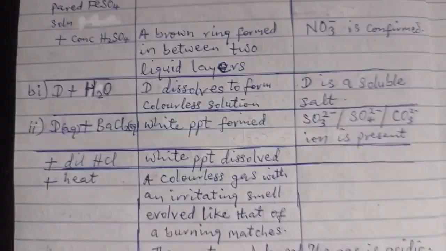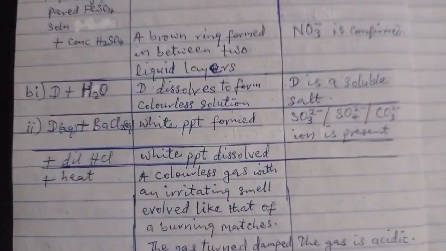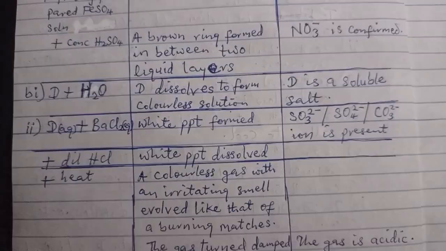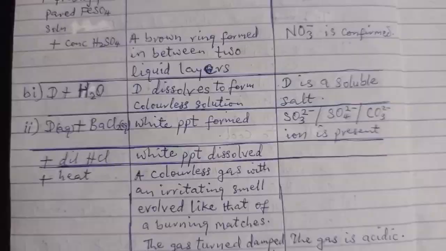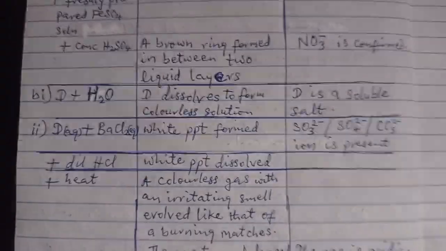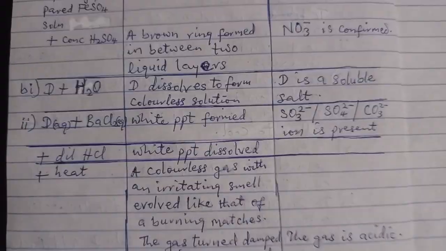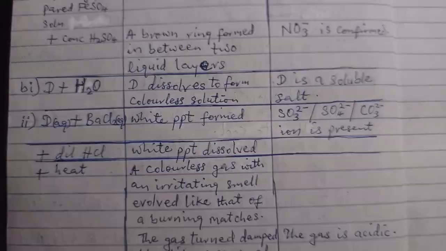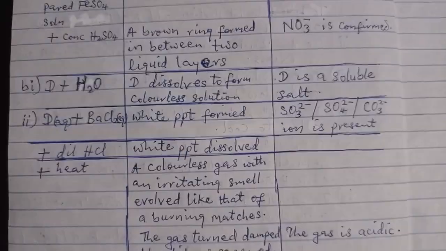Sample D plus distilled water. When you add distilled water on D, it dissolves to form colorless solution. And then D is a soluble what? Salt. You know that. The next point, they said you should use a sample of that solution D and add barium chloride solution to it.